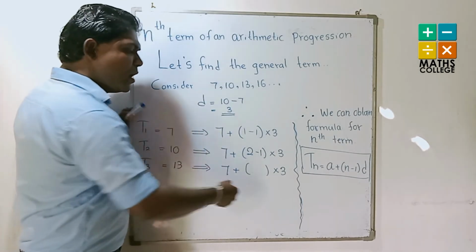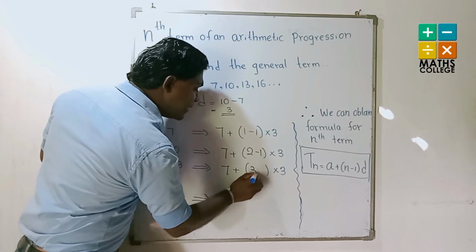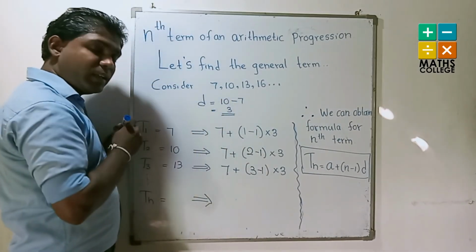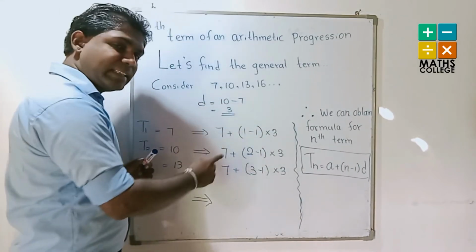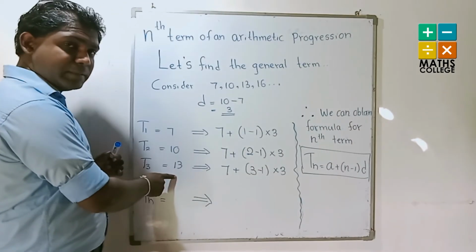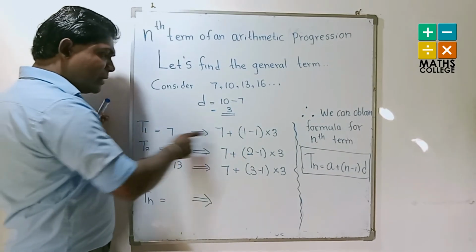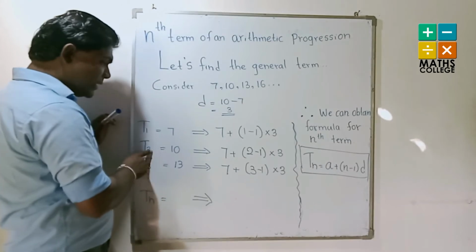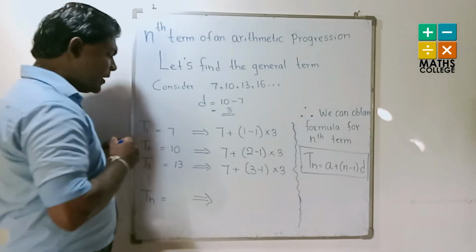How to make 6? 3 subtraction 1 is 2, 2 multiplied by 3 is 6, and 6 addition 7 is 13. You can see the special feature here: first term because 1, second term because 2, third term because 3.